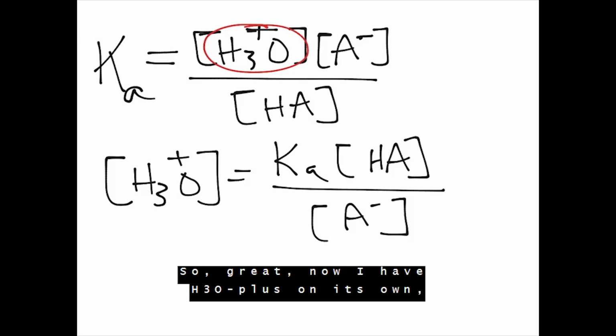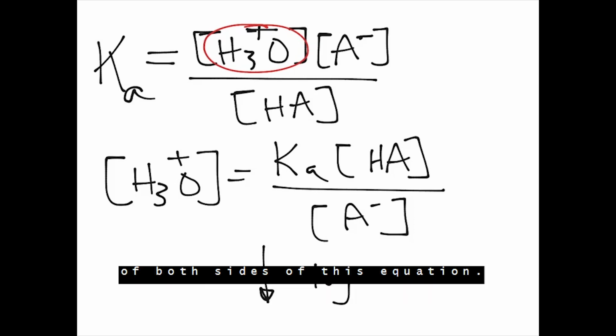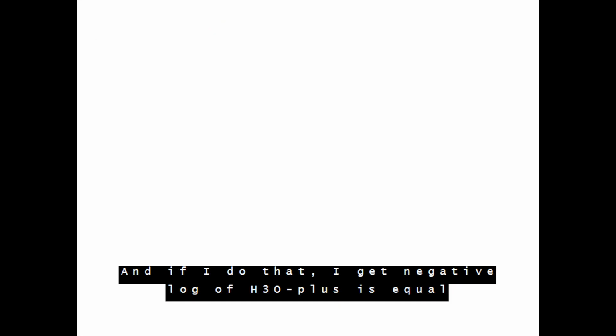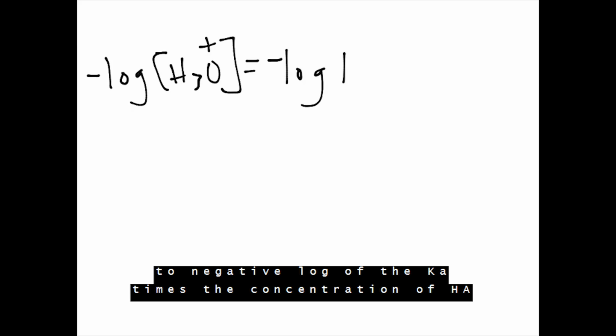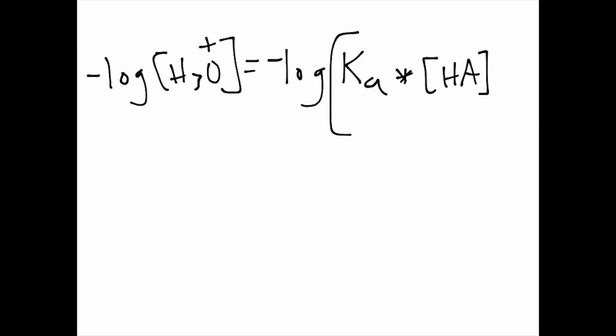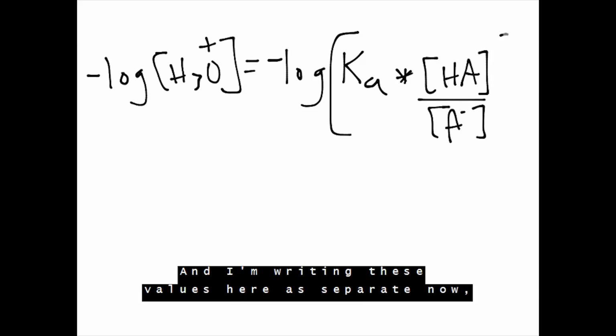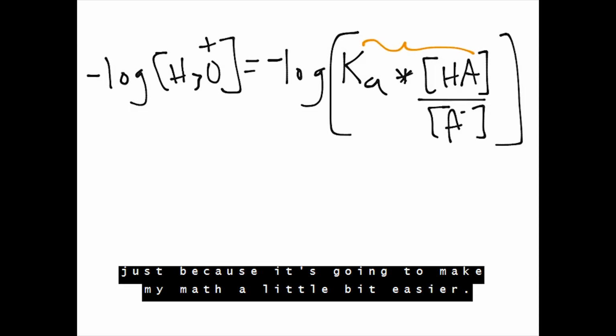So great, now I have H3O plus on its own, and that's what I'm interested in, how much H plus is floating around. Now I'm going to take the negative log of both sides of this equation, and I get negative log of H3O plus is equal to negative log of the Ka times the concentration of HA over the concentration of A minus. I'm writing these values as separate just because it's going to make my math a little bit easier.